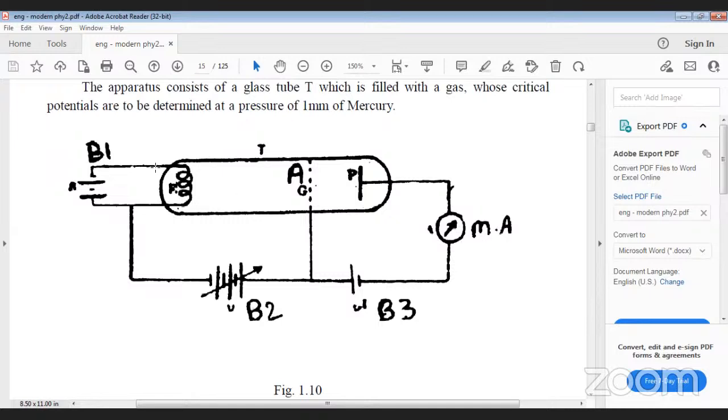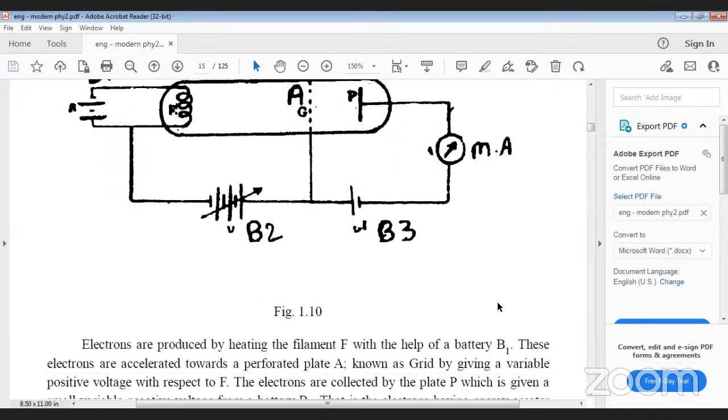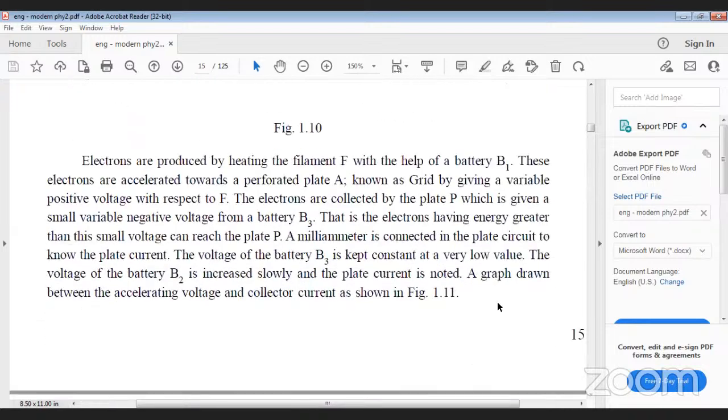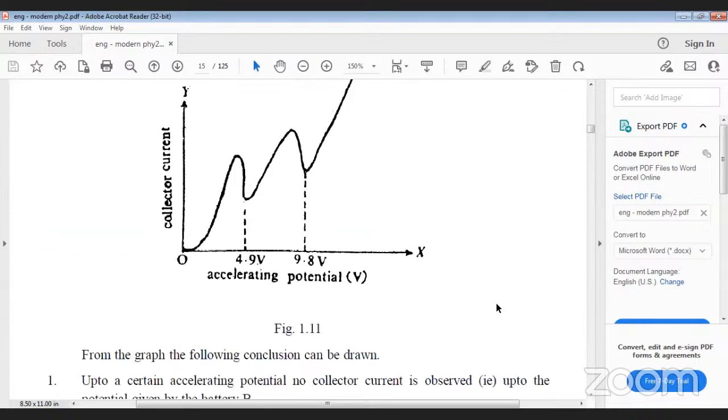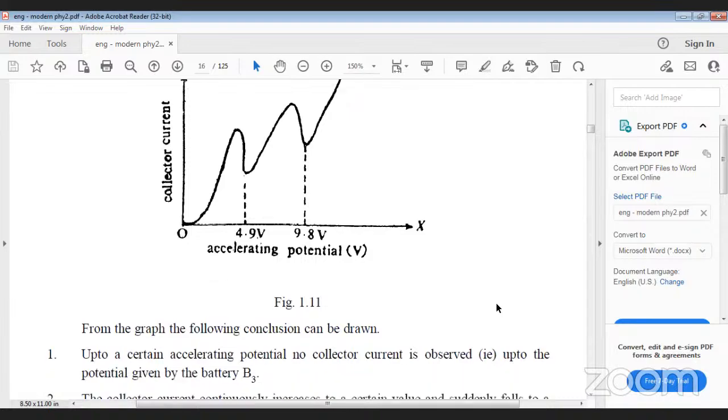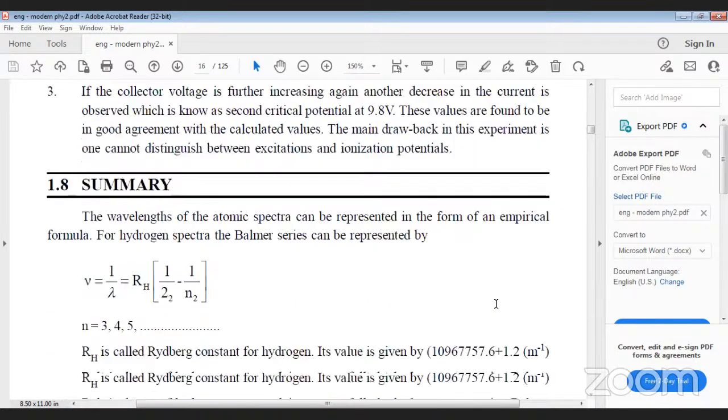This is the filament, and B is the bulb, which consists of the filament. Then there is the anode, the plate, and this is how the electrons move. Read it carefully so you can easily understand it. From the graph of collector current against accelerating potential, you can easily calculate the critical potential.